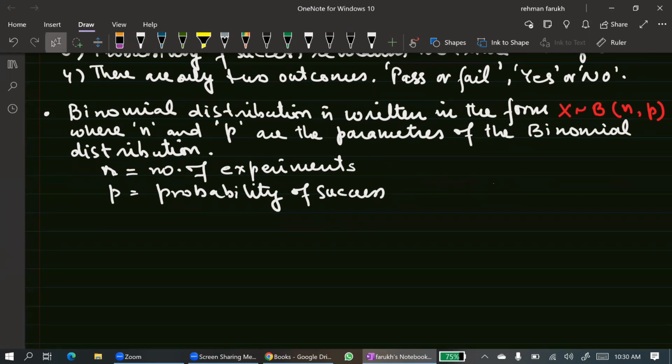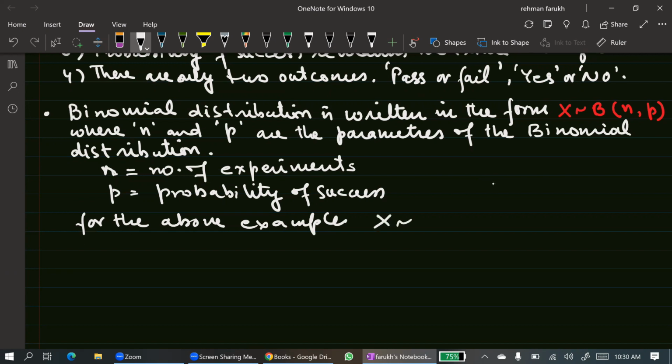So for the above question, we will write down the binomial distribution like this. X is a binomial distribution. N is 3, the number of experiments, and the probability of success is 1 by 6.